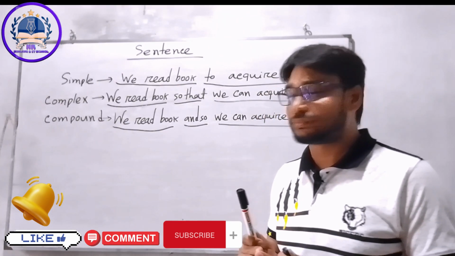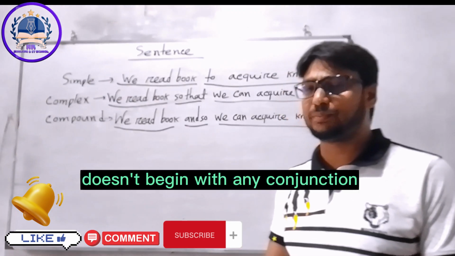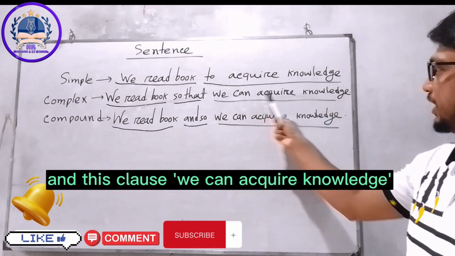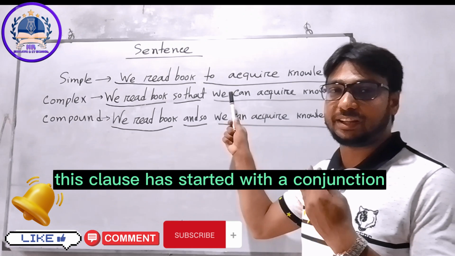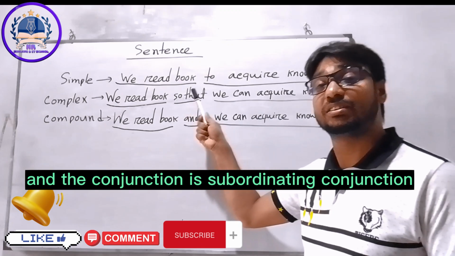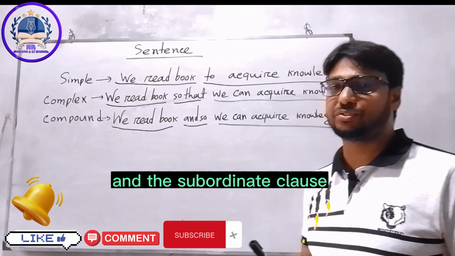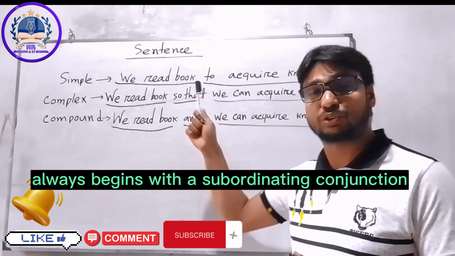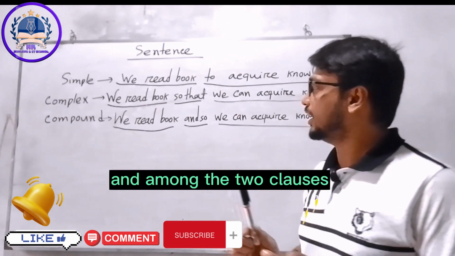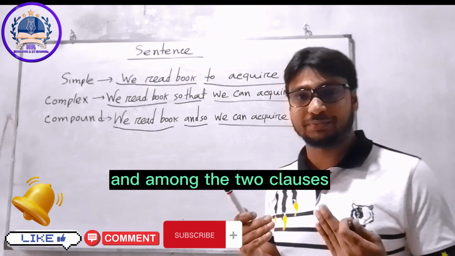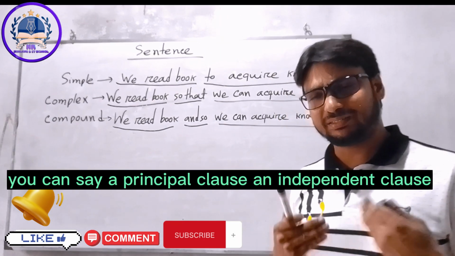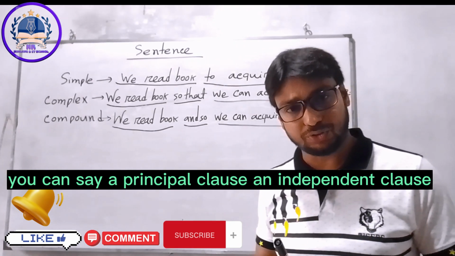As we know, a principal clause doesn't begin with any conjunction. And this clause, we can acquire knowledge, has started with a conjunction, and the conjunction is a subordinating conjunction, and the subordinate clause always begins with a subordinating conjunction. So in this sentence you will find two clauses, and among the two clauses you will find one principal clause. You can say principal clause or independent clause.